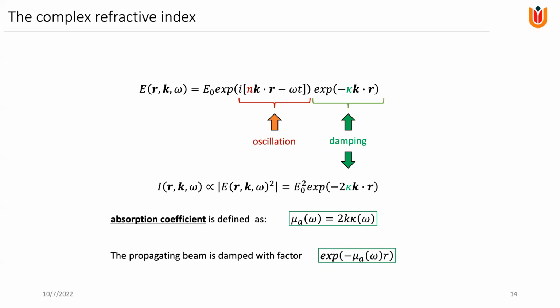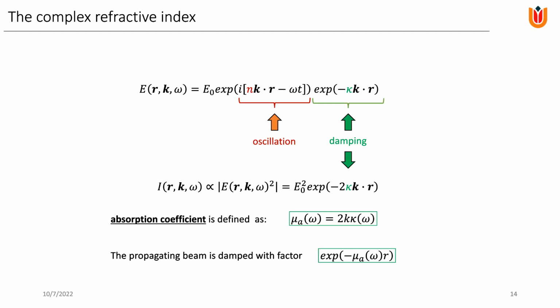Then taking the square of the field, to obtain the intensity, we get that this oscillation part comes out as well. Only the exponential decay part survives, and because of taking the square we now have a factor of 2 there. You can recognize this as yet another form of Beer's law, a decaying exponential. So that means we can identify this 2k times kappa, 2k times the imaginary part, as the absorption coefficient.